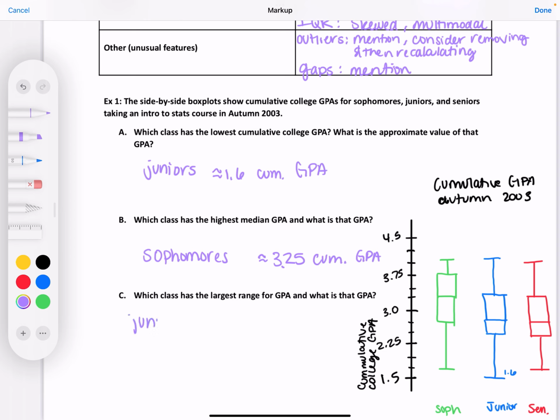Juniors. 1.6 to 4. Yep, so that range is going to be 4.0 minus 1.6, which is what? Yep. This is the max.